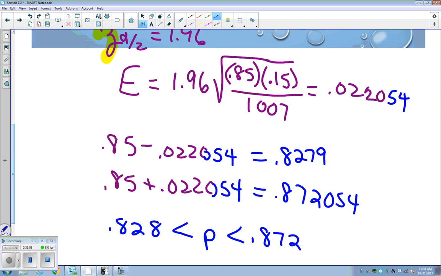We are 95% confident our population proportion will be between 82.8% and 87.2%.